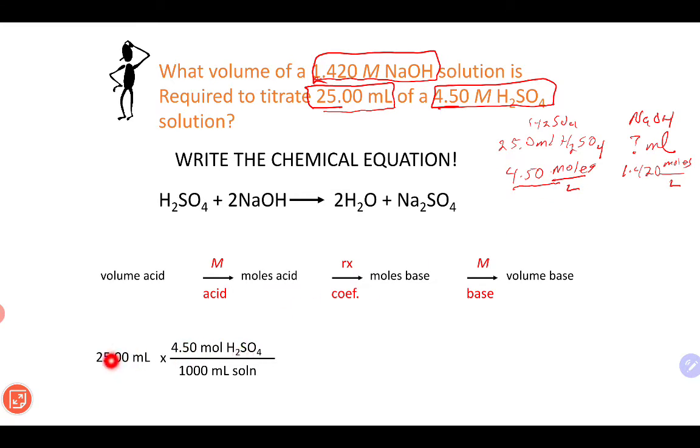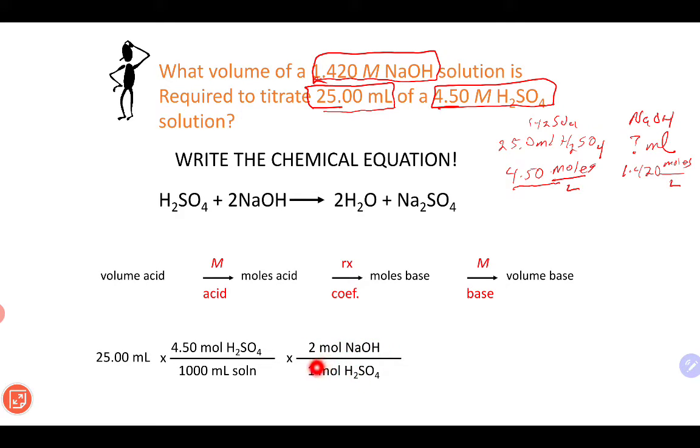So starting with 25 milliliters of H2SO4, I can use the molarity of the H2SO4, 4.50 moles per liter. And in this case, instead of converting this to liters, I just said that's 4.50 moles per 1,000 milliliters. If I stop right there, I've got moles of H2SO4. And now I can convert from moles of that to moles of my unknown, which is sodium hydroxide, NaOH.